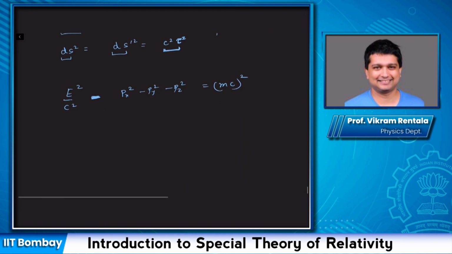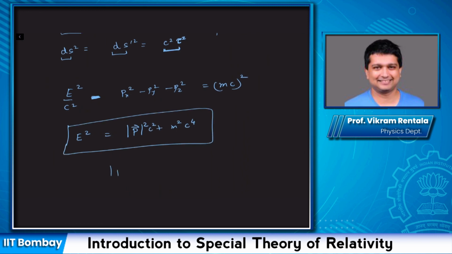So if we simplify this equation, we can write it as E square is mod vector P square times c square plus m square c to the 4, where the vector P is the components of this generalized 4-momentum.